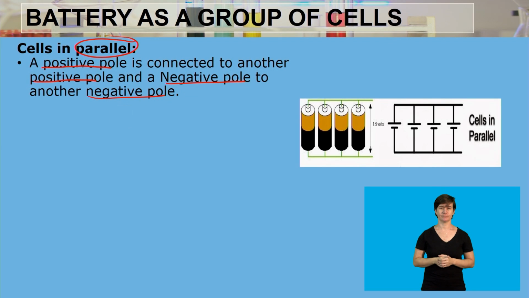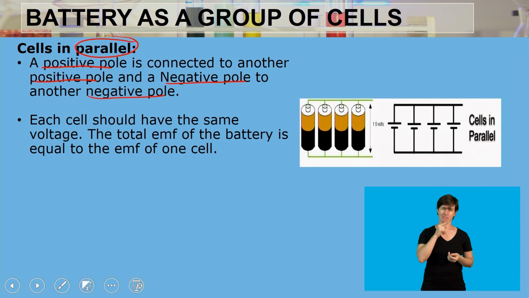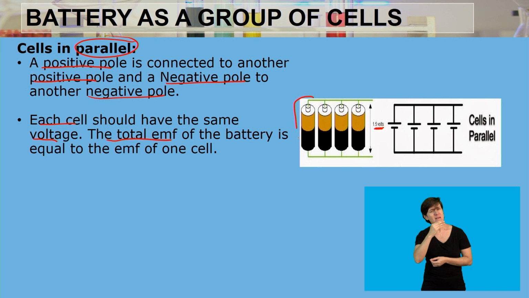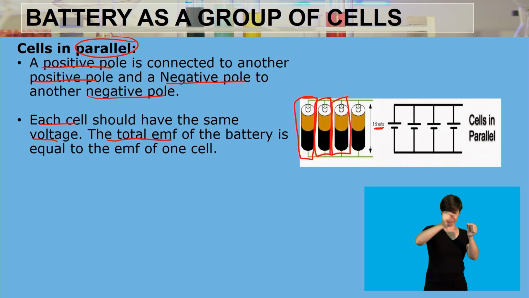So if that is the connection, then what about the EMF of the battery, or the EMF of the cells? In parallel, we find that each cell should have the same voltage. So each cell in parallel has the same voltage, and the total EMF of the battery is equal to the EMF of one cell. Now, if we are given on this picture that the total EMF of the battery is 1,5 volts, that means each cell also has an EMF of 1,5.